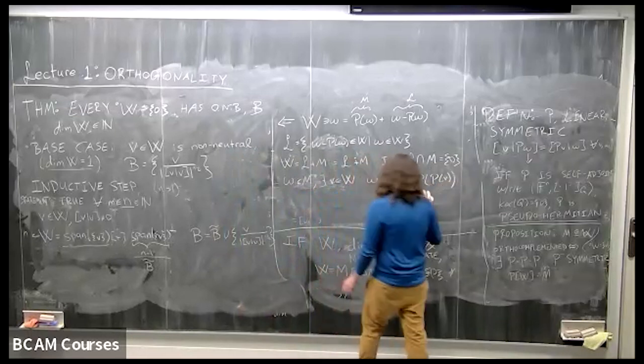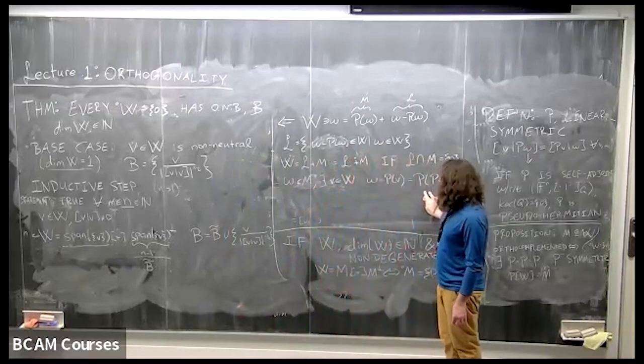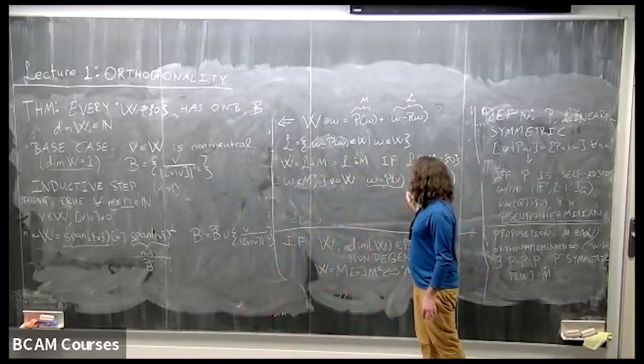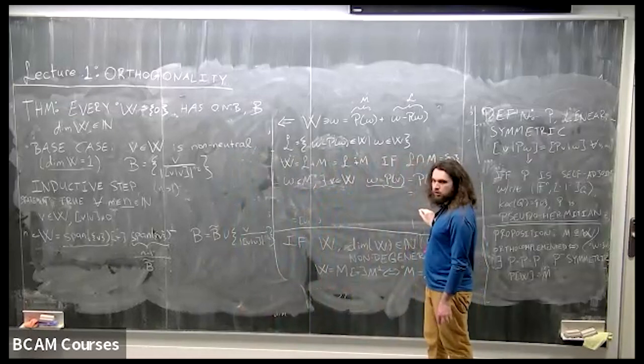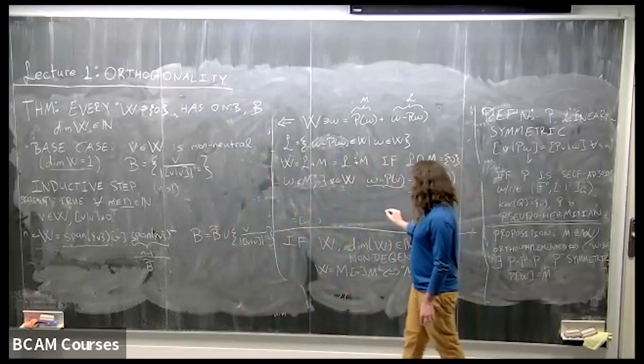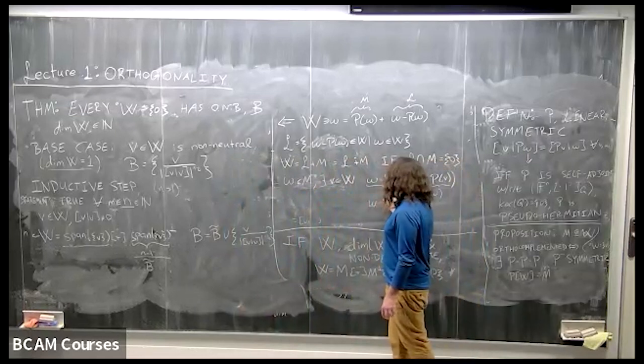This is the projection property. Then I can insert this into here: w is P of w, which means that w minus P of w is 0.